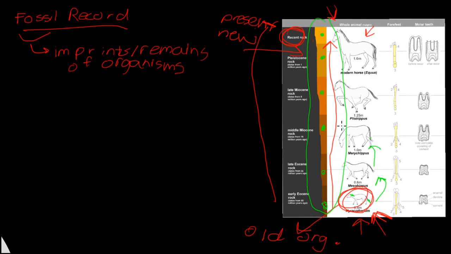This one, neck gets even longer. This one, the legs get longer and more mobile. This one's the one from today. Standing upright, long legs, long neck. So now that we understand what the fossil record is, let's move on to comparative anatomy.